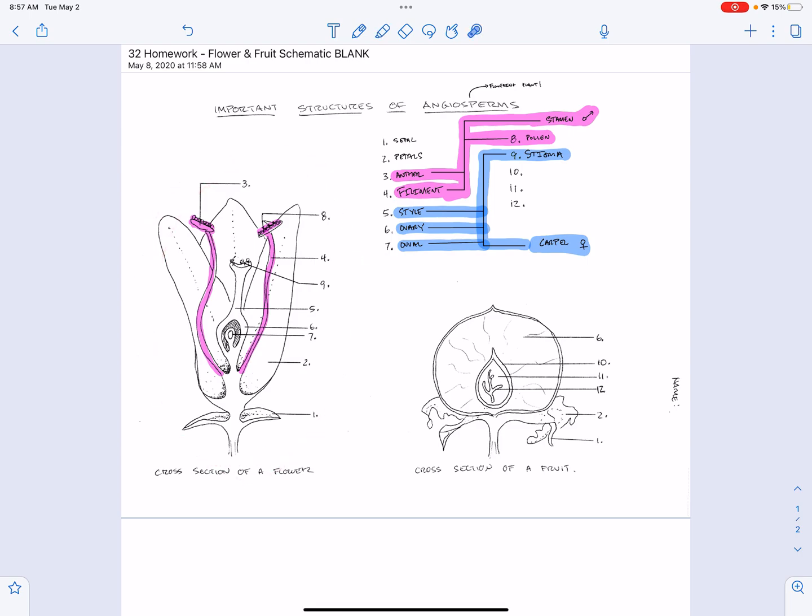Now, if you check out the fruit over here, over time, the flower is fertilized. The ovule is fertilized by a grain of pollen, and it becomes, okay, wait, actually before I get there, let's stay in touch with the structures we've already named. So we can see number 6 is here, and it is also over here. This now is the flesh of the fruit.